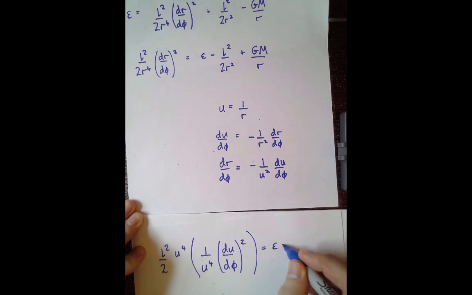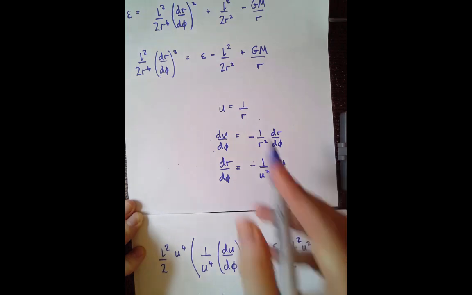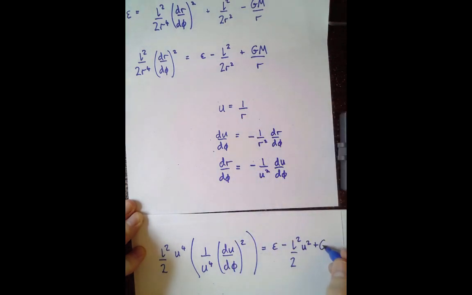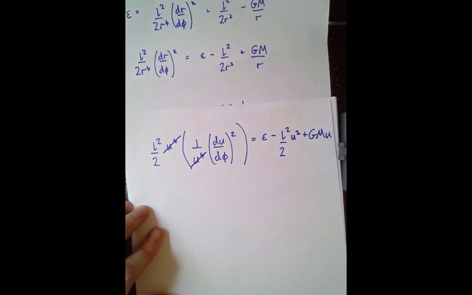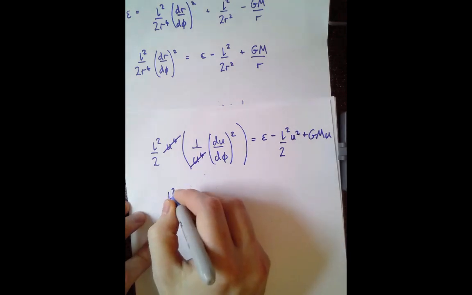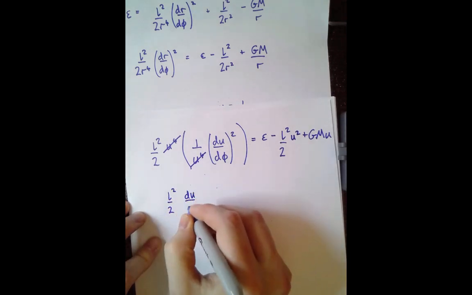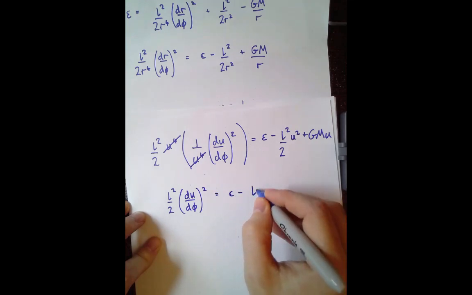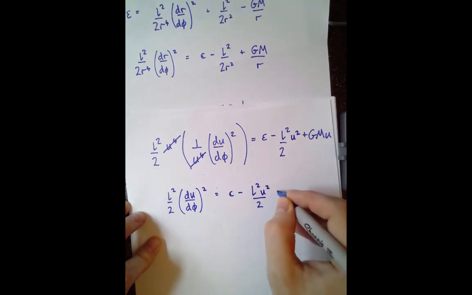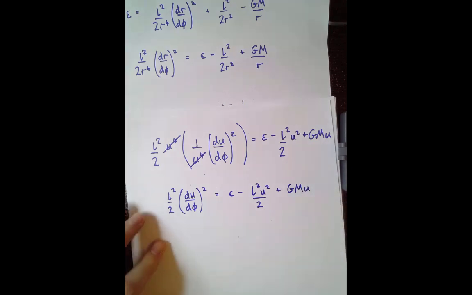This is equal to epsilon minus l squared over 2r squared, which becomes l squared over 2 times u squared, and GM over r becomes GMu. We see a nice thing here: this u to the 4 actually cancels that u to the 4. So we end up with l squared divided by 2 times (du/dphi) squared equal to epsilon minus l squared u squared divided by 2 plus GMu.